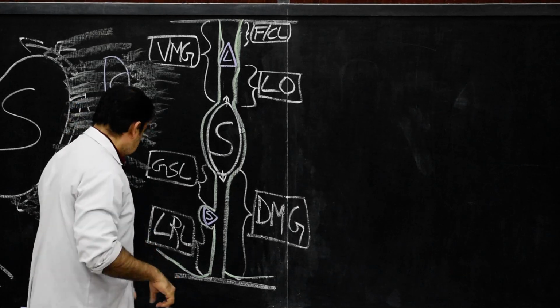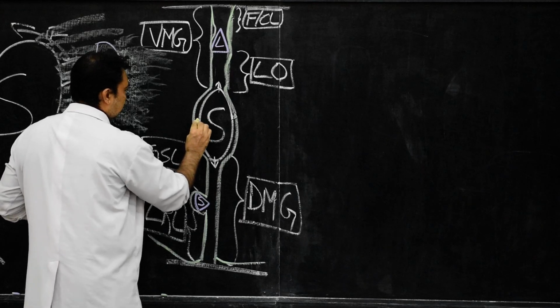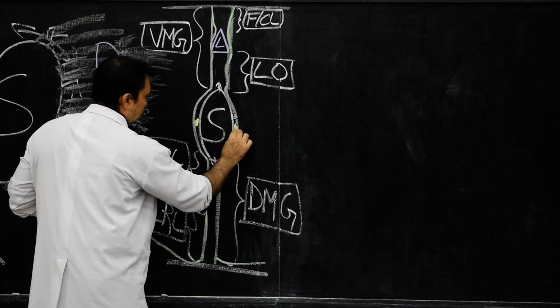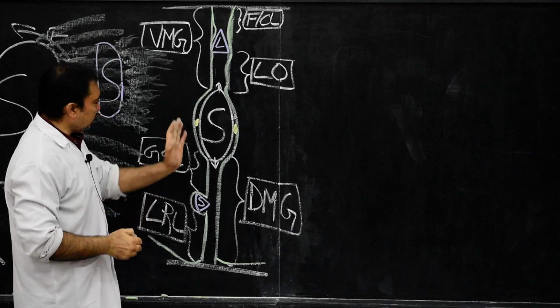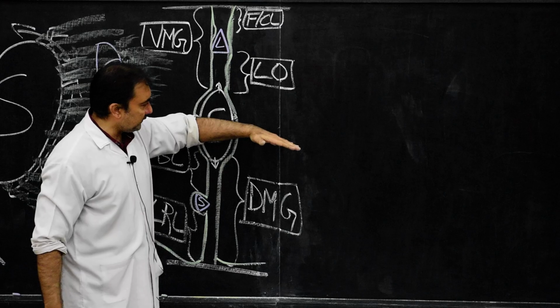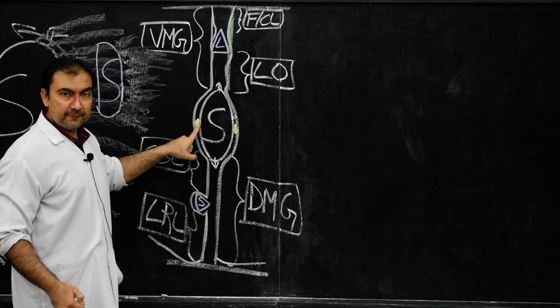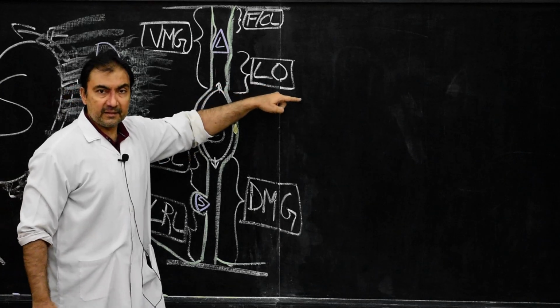And very important, two nerves are related here. If I draw here, left vagus nerve, right vagus nerve. When the left surface of the stomach becomes the ventral surface, then the left vagus nerve becomes the anterior vagus nerve.